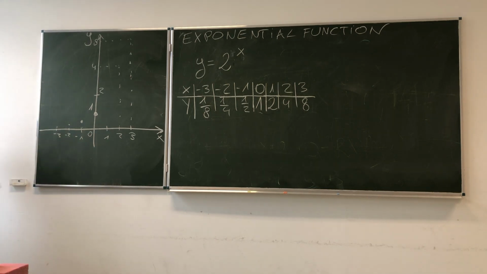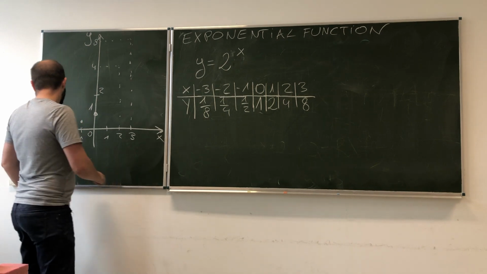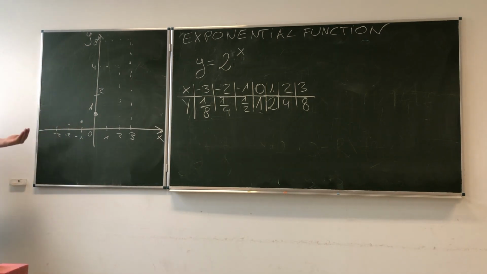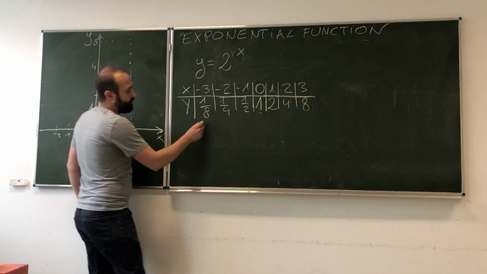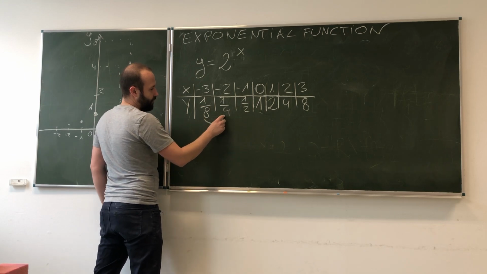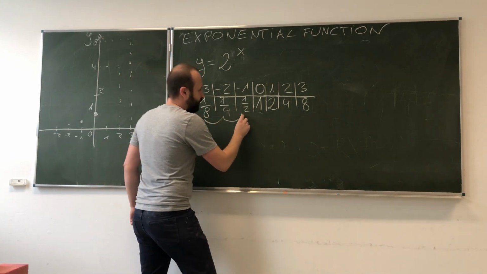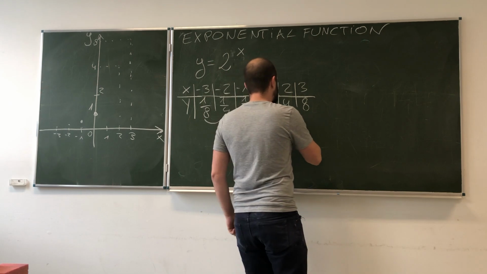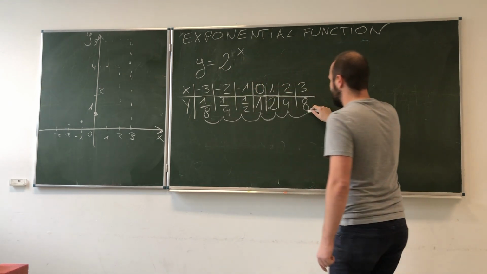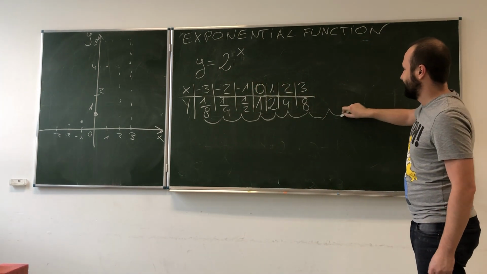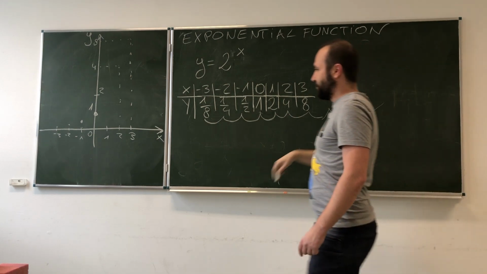When we move to the left, the values of the function are falling by a smaller and smaller number. From the other perspective, the value of the function increases by 1/8, 1/4, 1/2, 1, 2, 4, 8, 16, and so forth.